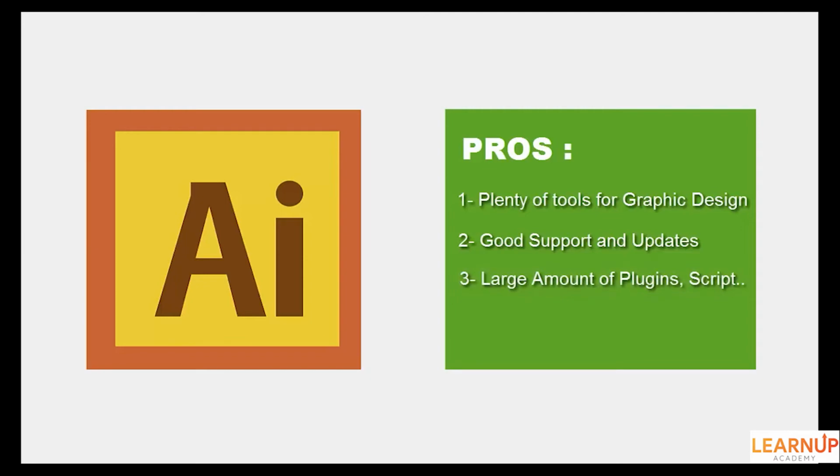The third pro of Illustrator is a huge amount of plugins, scripts and libraries. There are a lot of plugins for Illustrator. There are a lot of scripts and libraries that you can find on the internet for Illustrator. What is the benefit of these three things: plugins, scripts and libraries? These third-party add-ons make your life easier.